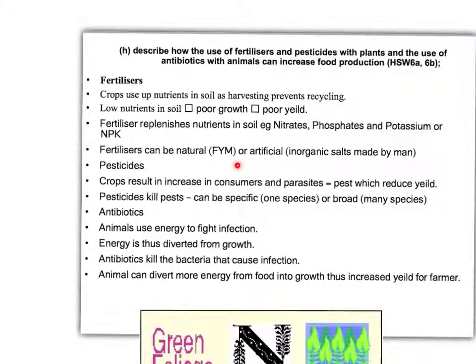Similarly, we use pesticides on plants to increase our yield, so that the food that the plant produces is for human consumption rather than for pests. And antibiotics are again to increase the energy efficiency of the conversion of the food that animals eat into the target food that humans are going to eat, whether it's the milk or the meat it produces. So that's why we use antibiotics, pesticides and fertilizers.